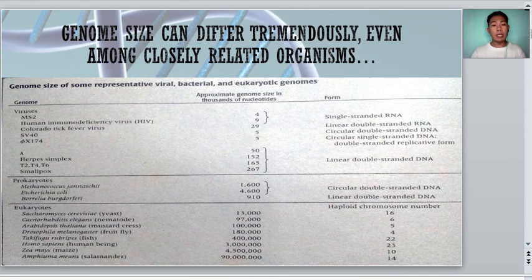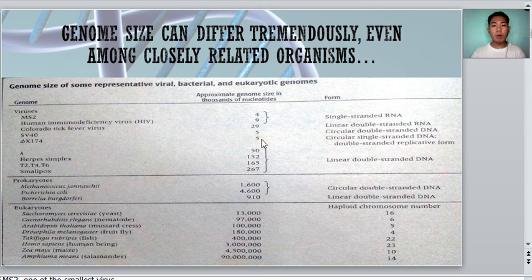The genome differs tremendously even among closely related organisms. Genome is the genetic complement of a cell or a virus. In eukaryotes, the term is commonly used to refer to one complete haploid set of chromosomes, such as those found in egg and sperm cells.